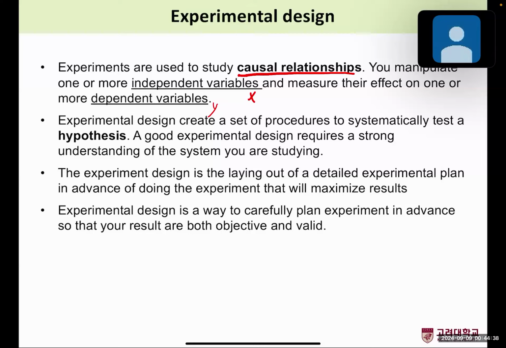So first you need to come up with a hypothesis, right? A good experimental design requires a strong understanding of the system you're studying. For example, because I'm working in the field of synthetic biology, maybe I can come up with a hypothesis that this gene expression system can effectively knock down the expression of the target gene.